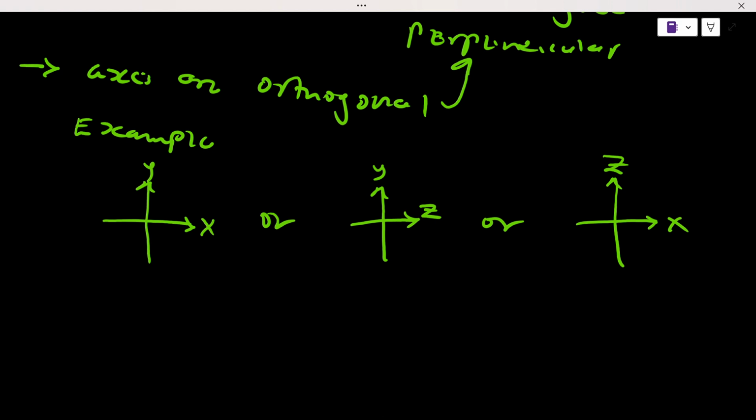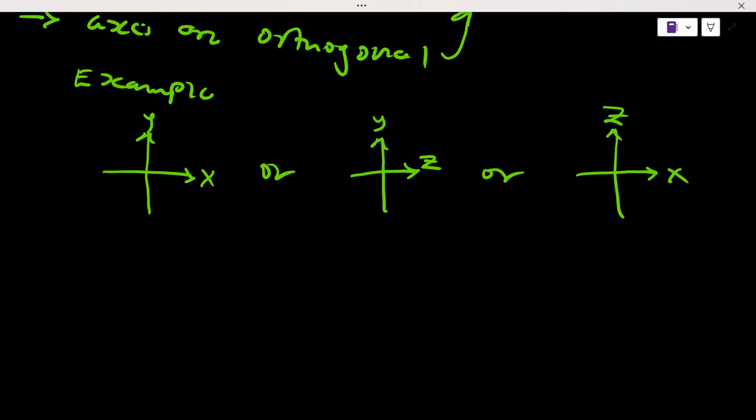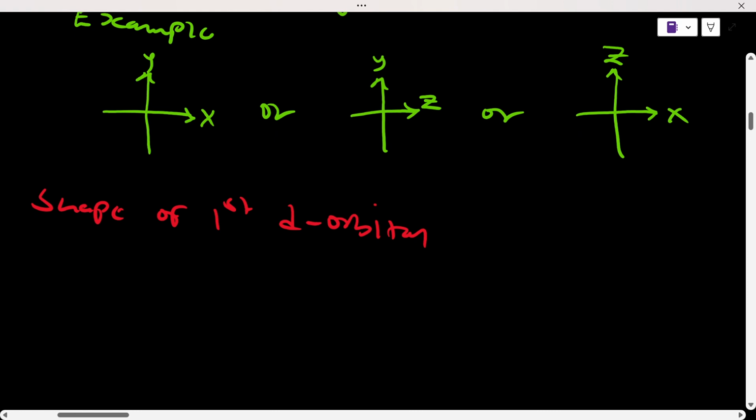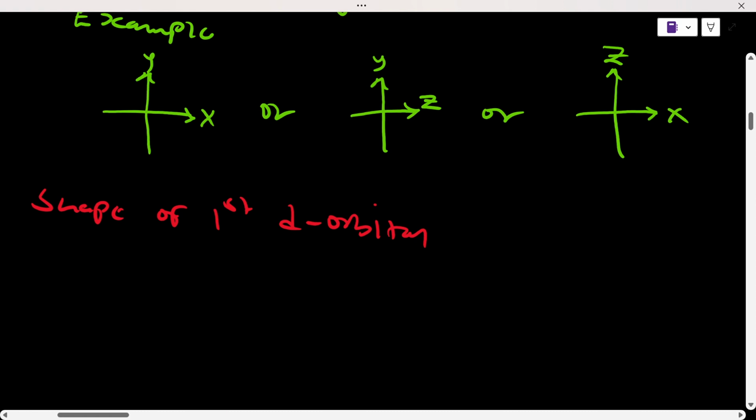So, for example, if I want to draw the shape of the first d orbital, and we said the first d orbital takes x and y, and therefore we are going to call it the dxy.